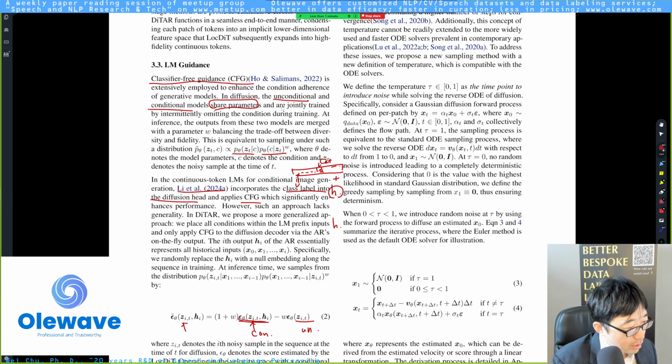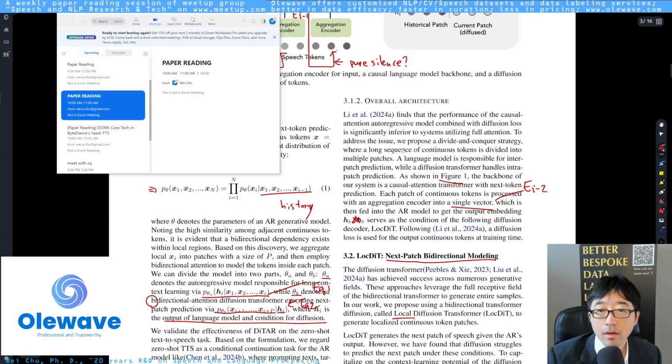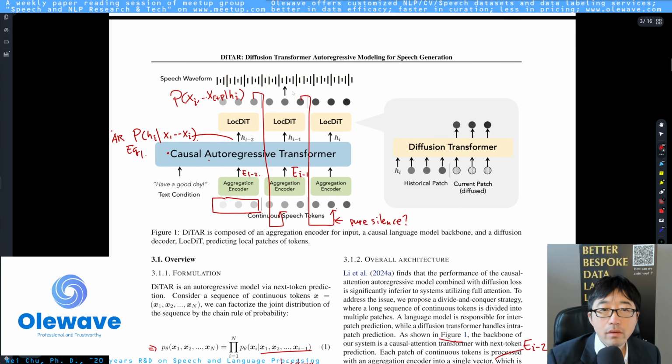I want to use the exact words they used. Yes. Okay, so let's go back to here. And you can see they have this H here.